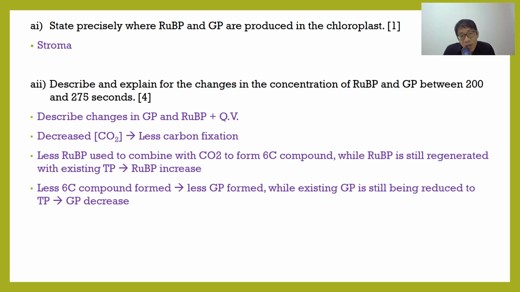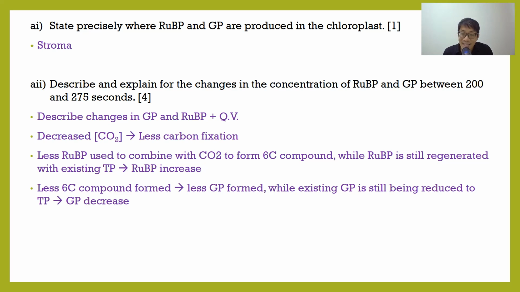Okay, so if you look at this explanation, then I hope you understand what I meant by saying that when you explain the change in the concentration of the different intermediates, you must look at both usage and formation. So again, for RuBP, less usage because of the decrease in carbon dioxide concentration, while there is still the same formation. So less usage, same formation, overall net increase.